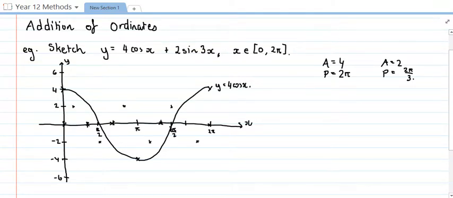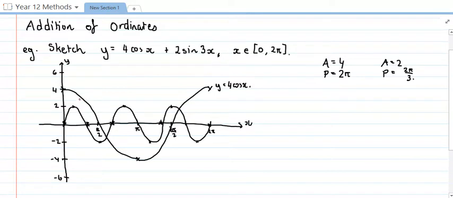So this graph, I'm going to draw this as best I can. Actually didn't go too badly, it's a little bit wonky, but you get the idea of what it's supposed to look like.